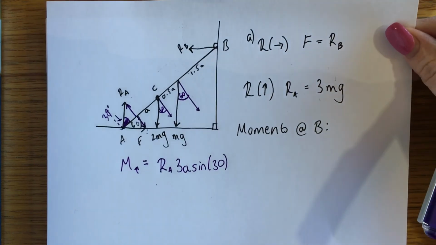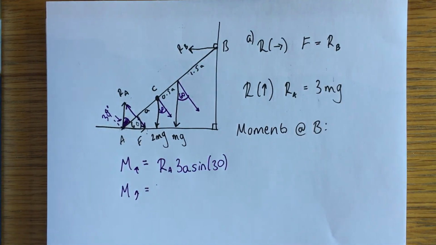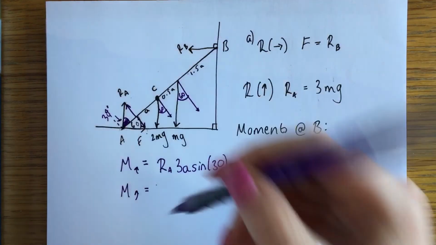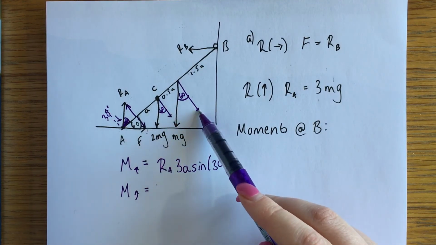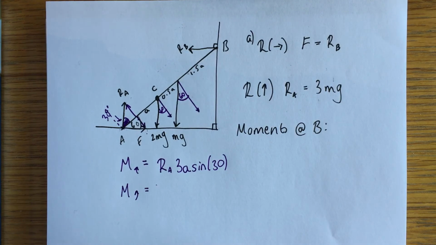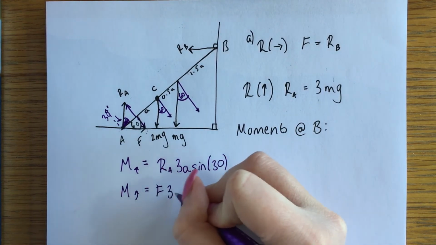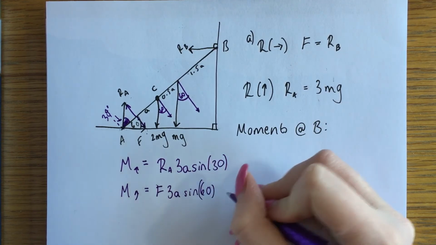I then need to take my anti-clockwise moments. So I've got an anti-clockwise moment with my friction at point C and to do with my weight. So distance times the perpendicular force in all of these. So I've got friction times 3a sine 60.